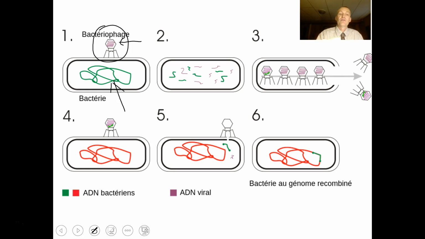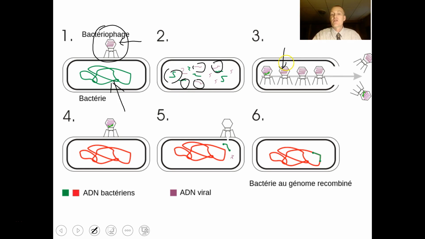So when the bacteriophage lands on the cell, it injects its genetic material into the bacterial cell, and then you can see that it scrambles up all of the DNA, bacterial and phage DNA.